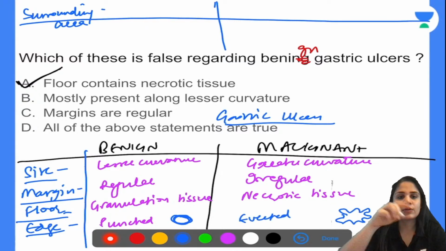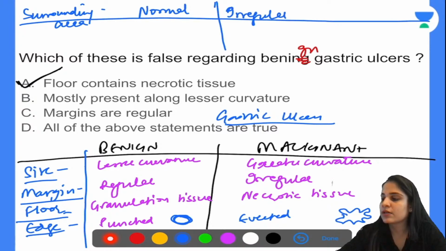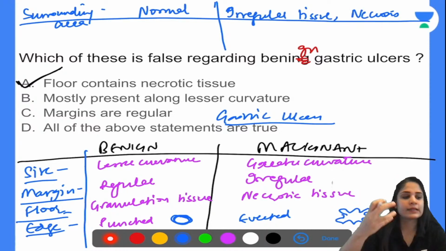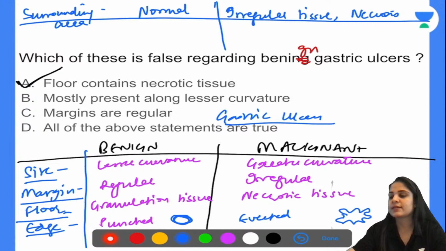The surrounding area around the benign gastric ulcer will be normal, and along the malignant gastric ulcers, the surrounding areas will show irregular tissue, it will show necrosis. So you will know that it is an aggressive ulcer. That is the difference between your benign and malignant gastric ulcers.